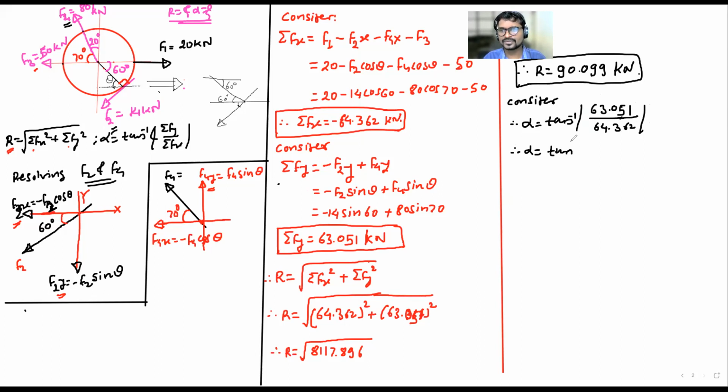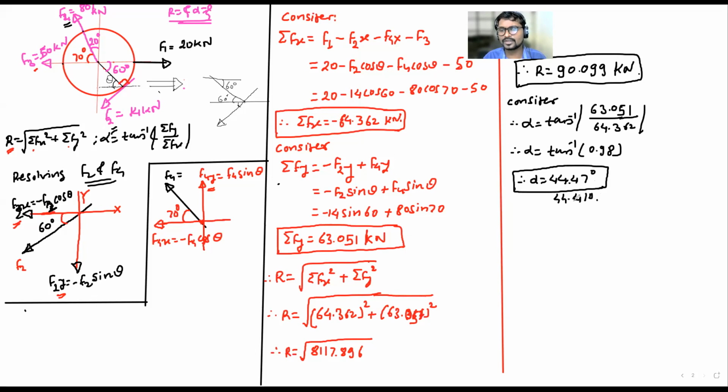Alpha is equal to tan inverse of 0.98. Take the tan inverse of that. 44.47. Check it, is it 44.47? 44.410.